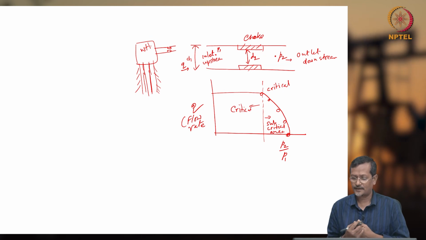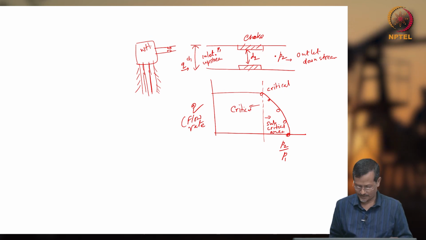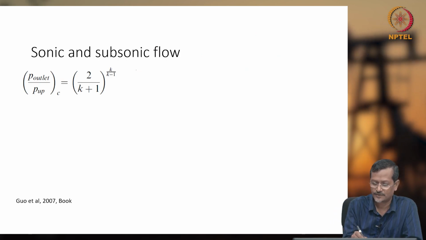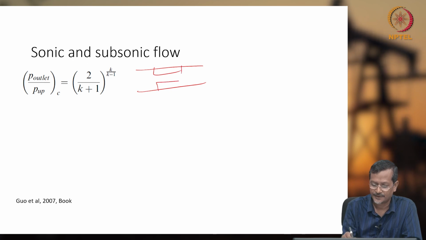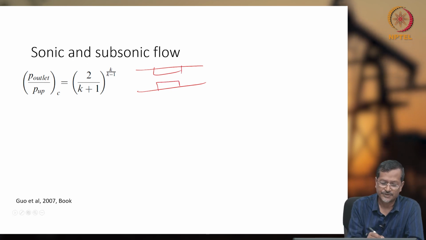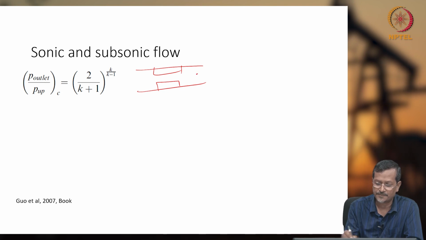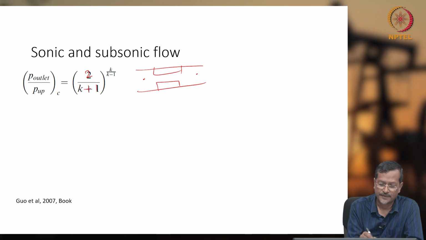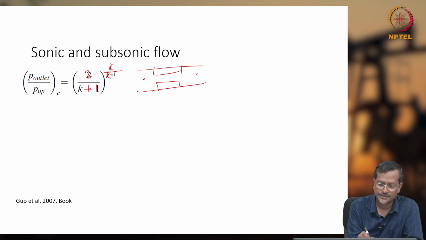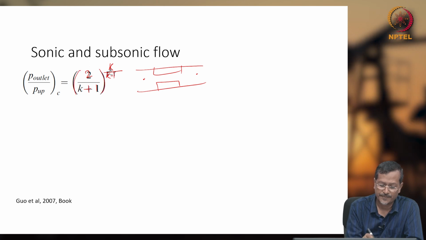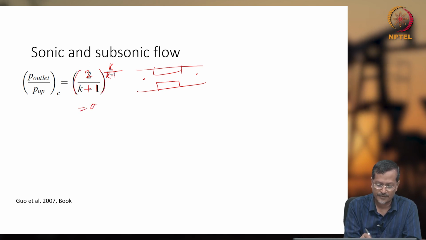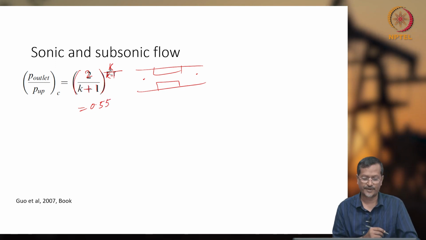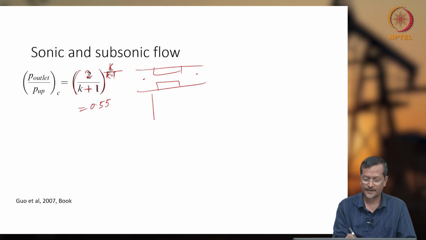Now, critical pressure, how to calculate it? Let's see this formula. So again, let's draw the choke. If you have outlet pressure divided by upstream pressure, equal to (2 by k plus 1) to the power k divided by k minus 1, and if this ratio becomes 0.528, or 0.55, then you can say this is the critical pressure.